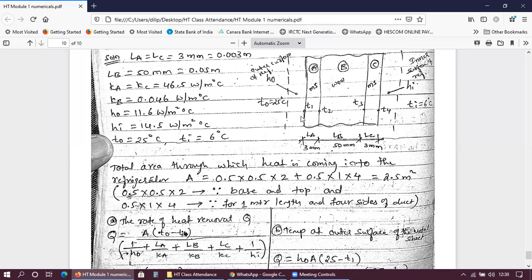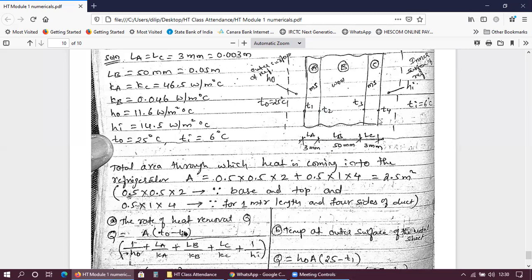Plus LA by Ka, which is the resistance offered by the A sheet, plus LB by KB, the resistance offered by the second sheet. Then LC by KC is the resistance offered by this third sheet.